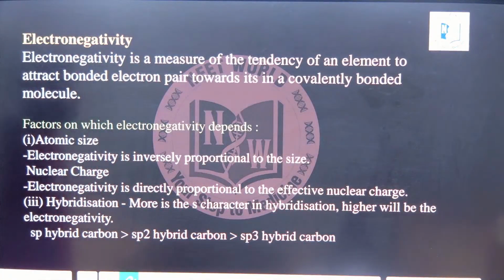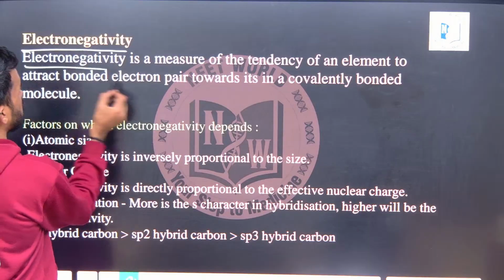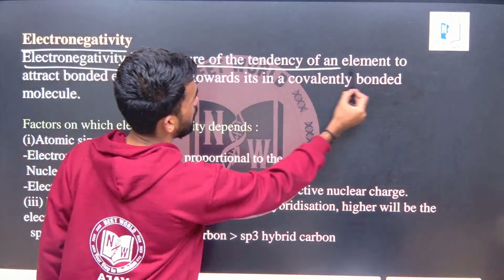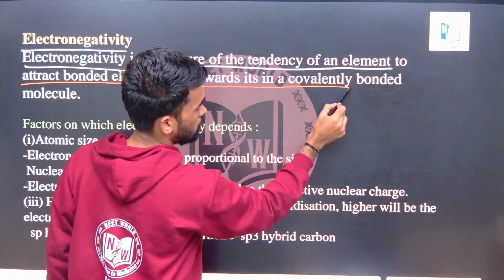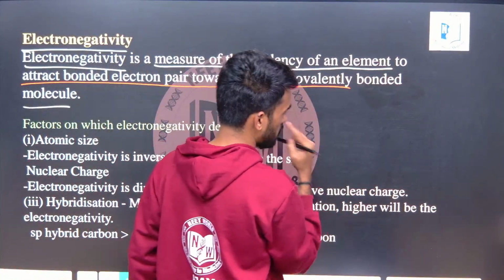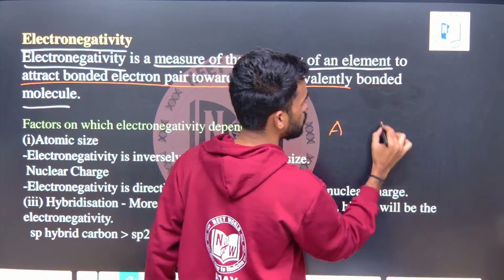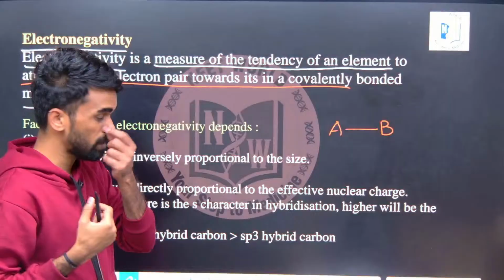Electronegativity. How can you define this? Electronegativity is a measure of the tendency of an element to attract the bonded pair of electrons in a covalently bonded molecule towards itself. Look here, I have atoms A and B, which are connected by a covalent bond.